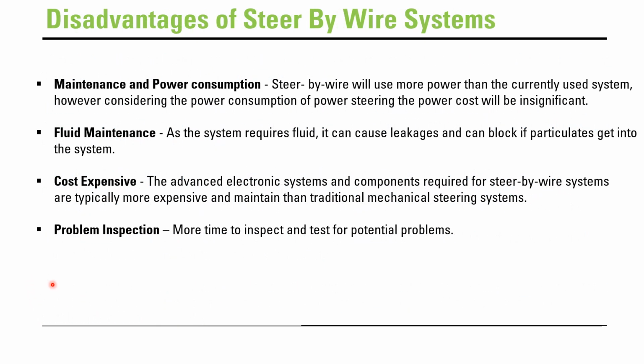So what are the main disadvantages? We have a few disadvantages here as well with steer-by-wire systems. For example, maintenance and power consumption. Since we have an electronic control in between, we need a battery, we need some voltage to run this ECU as well as the motors. And for this, I would say there will be some power consumption and a battery is required here.